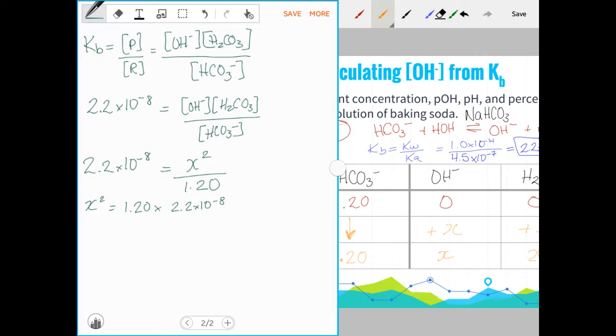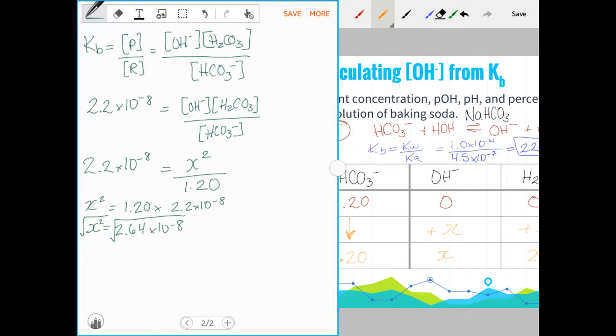So I get x squared equals, and when I plug that into a calculator, x squared should equal 2.64 times 10 to the negative 8. Okay. So when I'm looking to solve for x and I have x squared, I need to take the square root of both of these things.